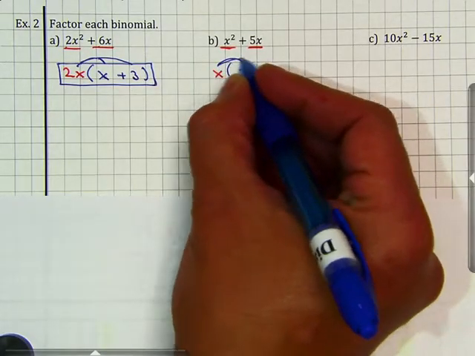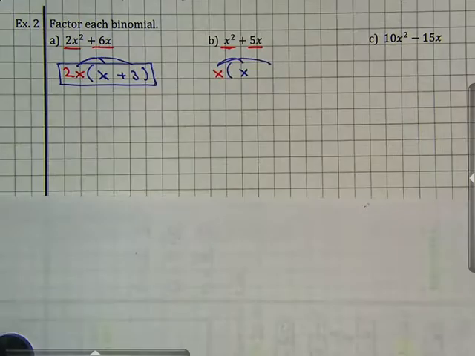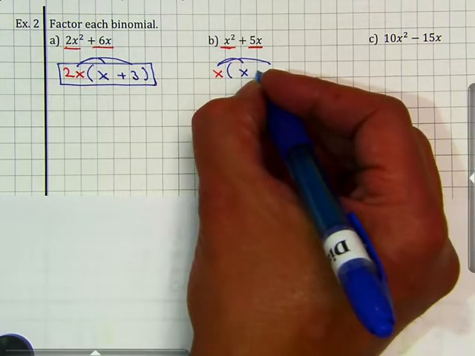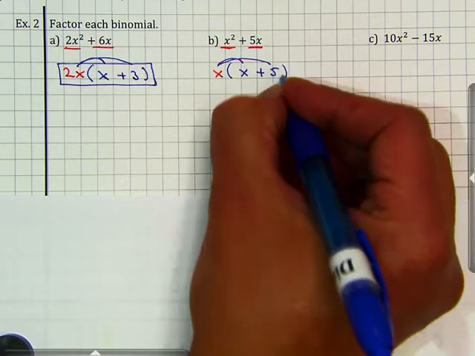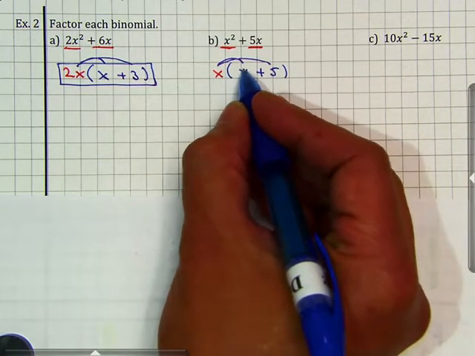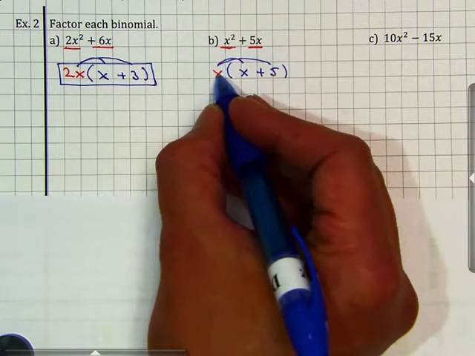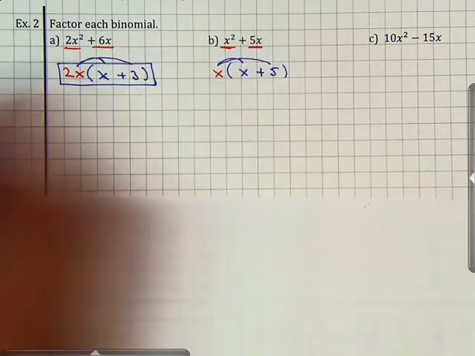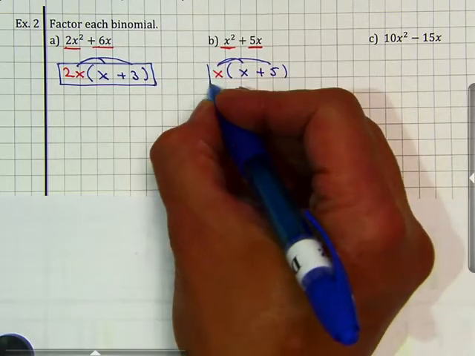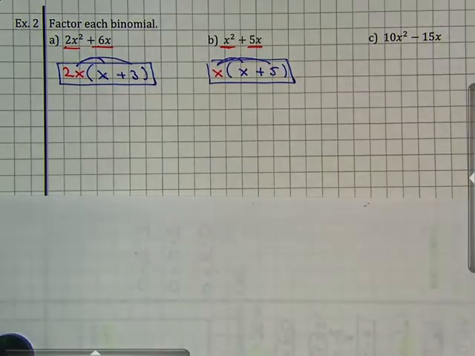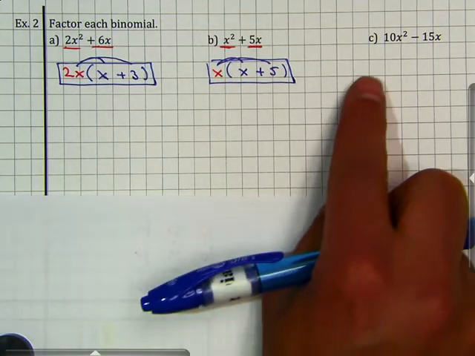X multiplied by what will give me 5x? X times 5. And I don't need another x because whenever I multiply x times x, that's two x's, x squared. X times 5 will give me 5x. And this is factoring, when we take out a common factor. Taking out a common factor is an easy process.